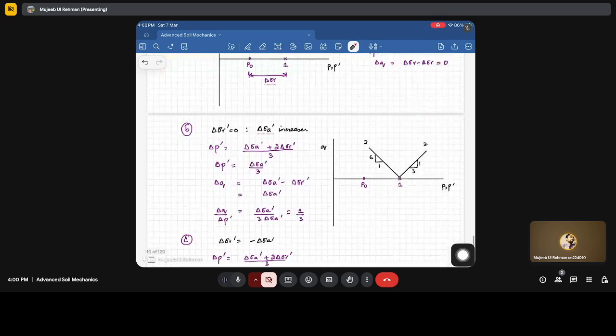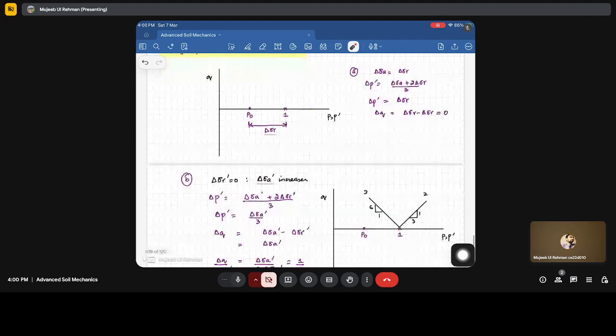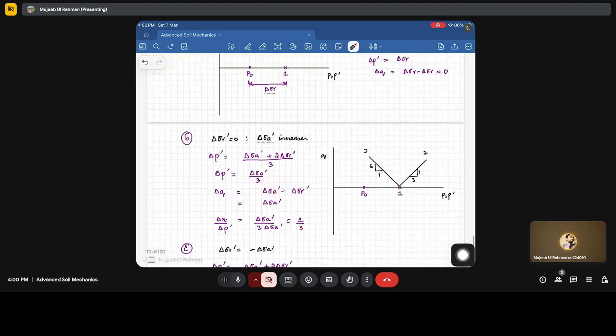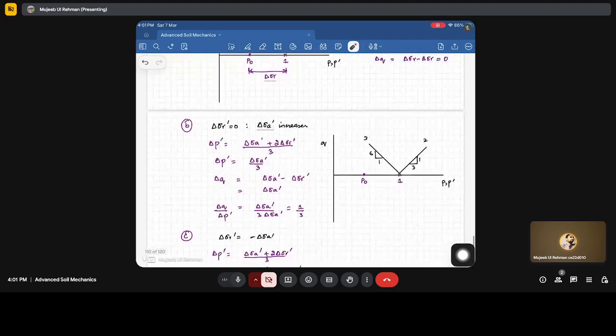And what will the slope be? Delta Q by delta P dash is delta sigma A divided by delta sigma A by 3, which comes out to be 3. It will go to the right and upwards, and the slope of the line will be 3. Here you can see Q is 3 for P of 1. Correct. So this will lie in the first quadrant only.